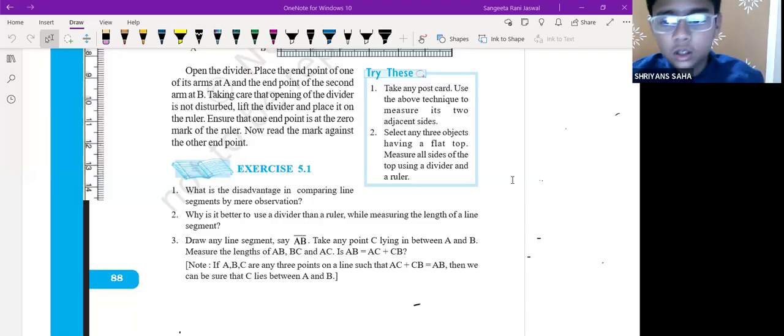Ma'am, it is better to use a divider than a ruler because sometimes if our pencil is not sharpened, we will not get accuracy, and most of the time rulers become curved after some use and can give us incorrect readings. So we have to use a divider because it has a sharp point which will be accurate.